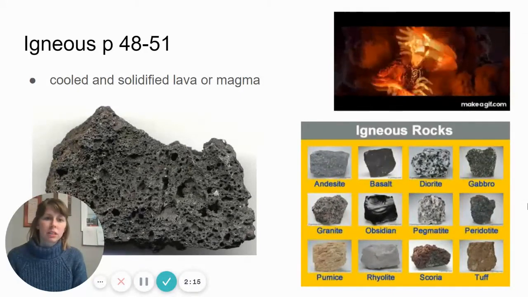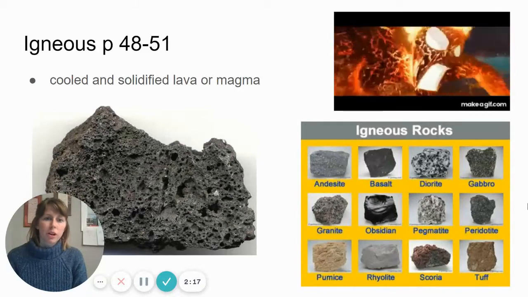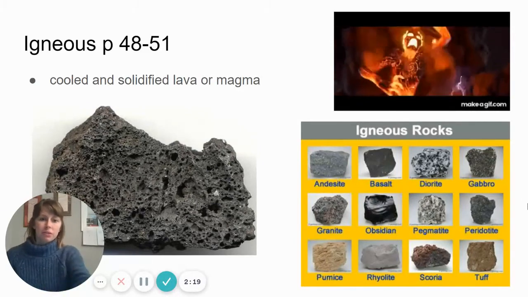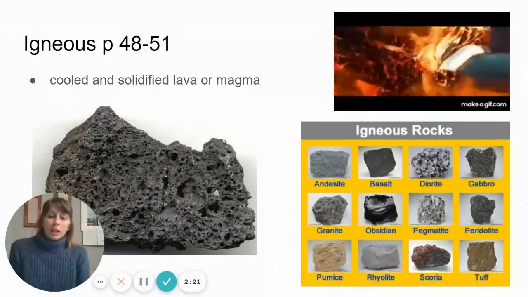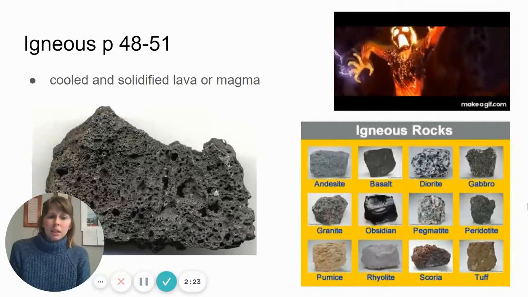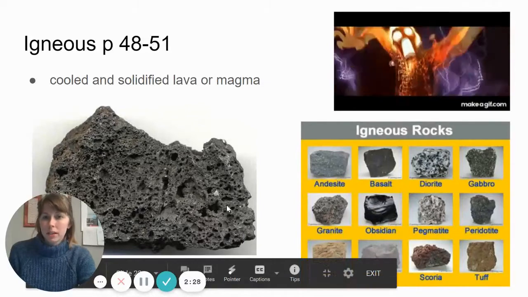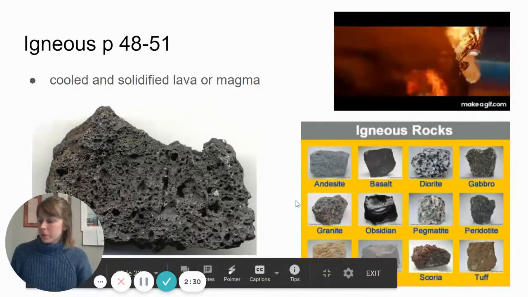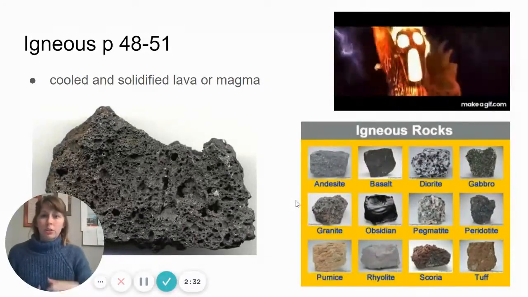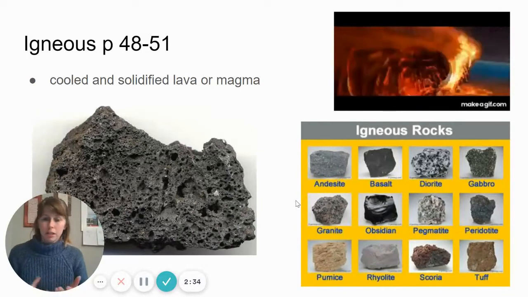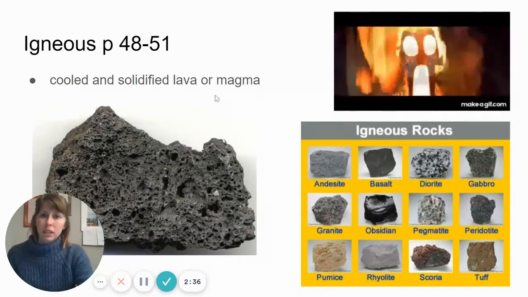andesite, basalt, diorite, gabbro, granite, obsidian. Okay, you can see the rest of those. Something that's usually, not always, but they have these kind of holes. They're porous. Characteristics of them, I think I already said that they're cooled lava. And then some examples.